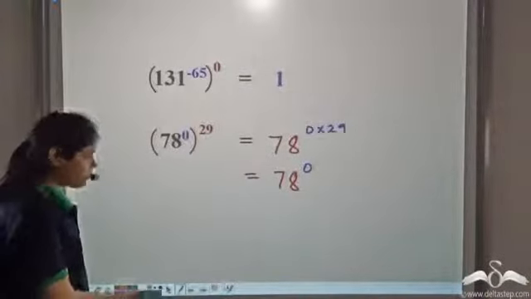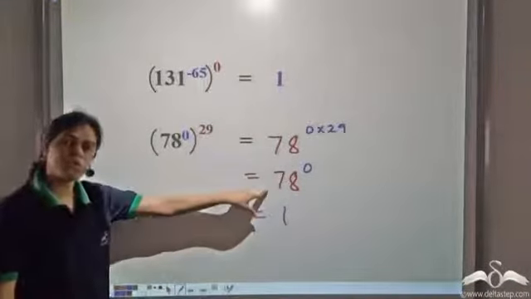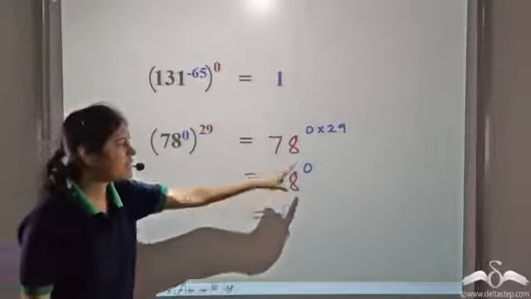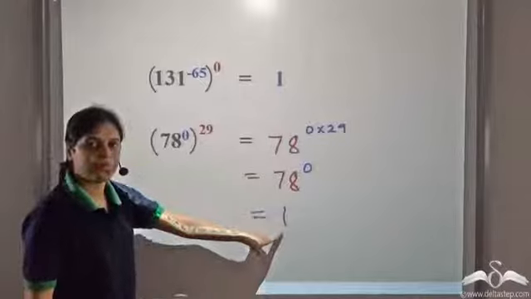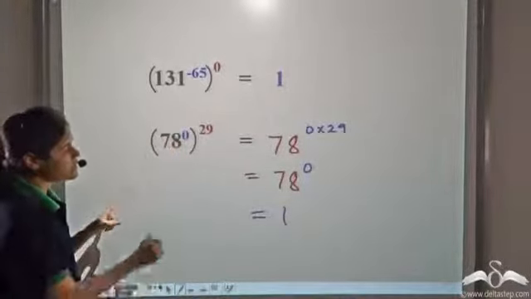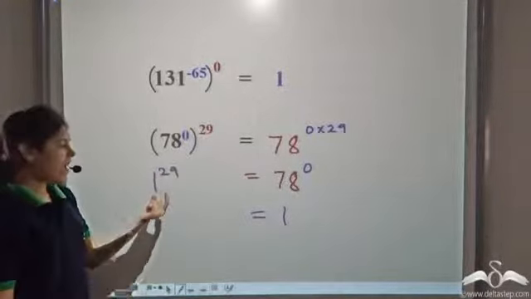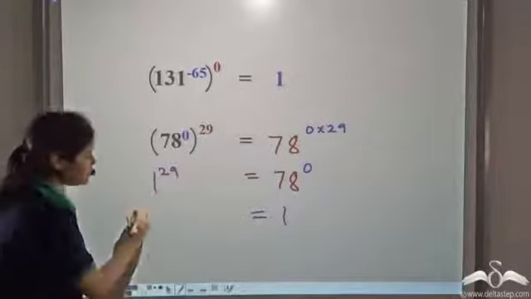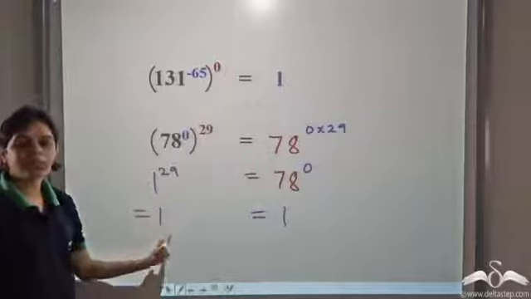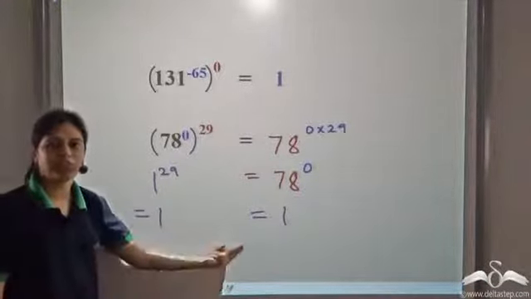Now 78 to the power 0 is equal to 1, because any non-zero number raised to the power 0 is 1. So 78 to the power 0 is 1. Again, from here you could have seen that 78 to the power 0 is 1. So this is actually 1 to the power 29, and 1 to the power anything is 1. So you can solve it in any manner you want. Both the ways give you the same answer, that is 1.